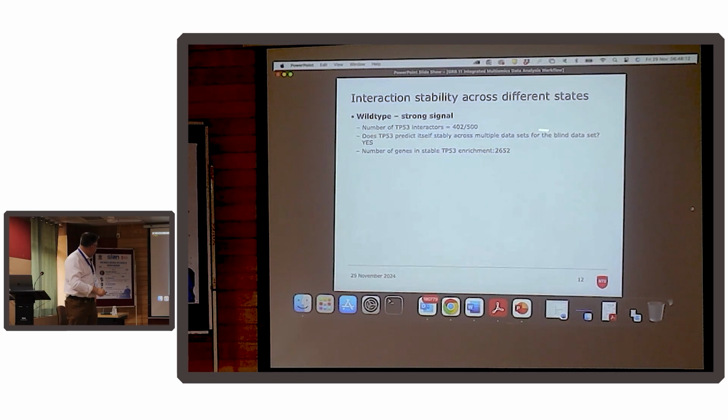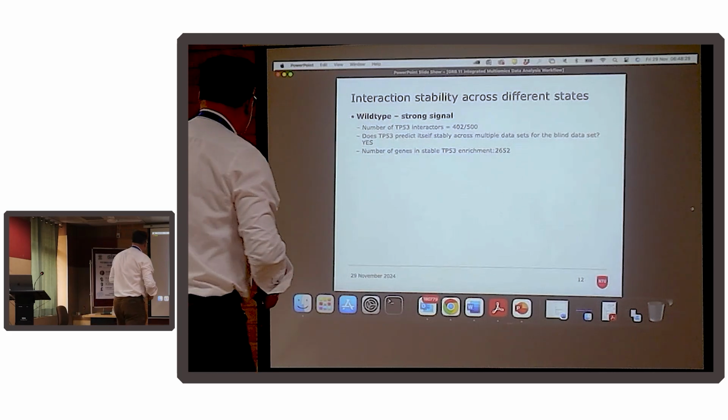Well, in this case, if we look at all that stability, there were 2,652 new stable features coming into that broader pathway environment. So again, that suggests that it's mapping a very comprehensive and strong signal. So that was what happened for wild type.